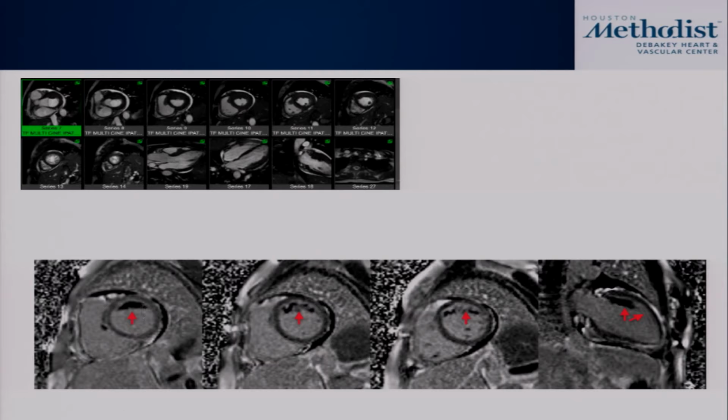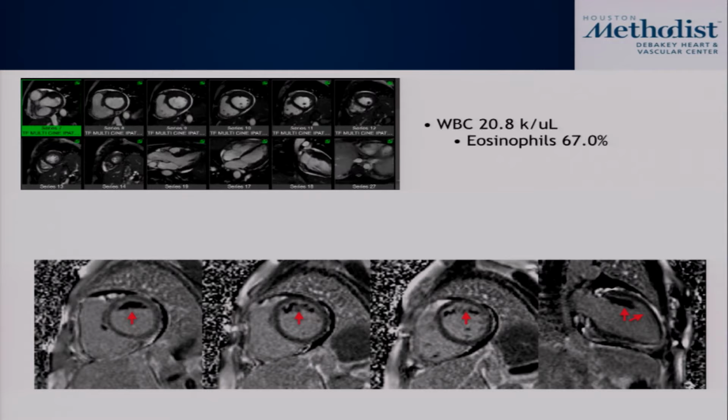There's actually a layer of normal myocardium, and then this is a layer that's inflamed, as well as probably has some thrombosis within it. And this person, when you do the lab test, white blood cell count is 20,000 with a very high eosinophil predominance.